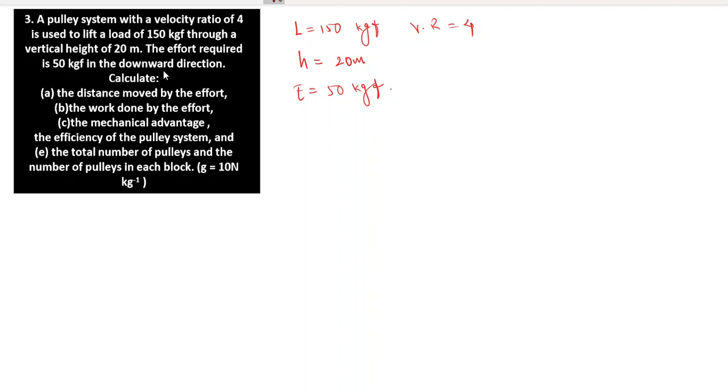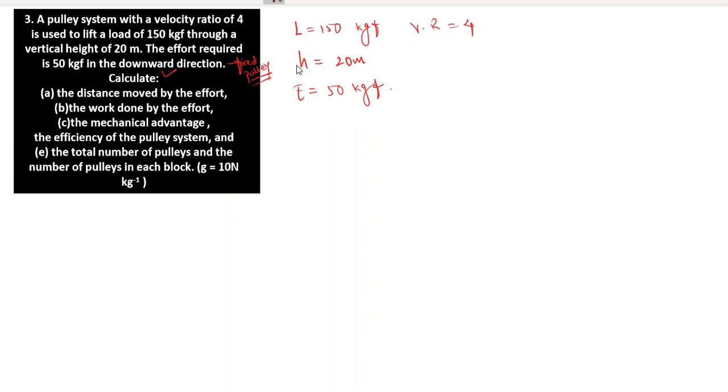The effort is in the downward direction, which means there has to be a single fixed pulley in the end, because it changes the direction of effort to the convenient direction. Calculate the distance moved by effort.